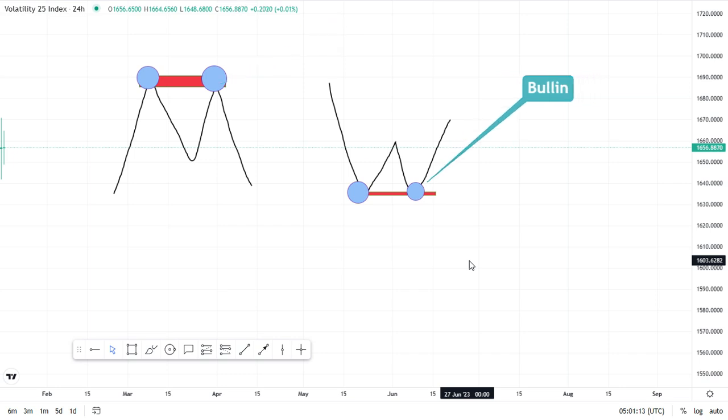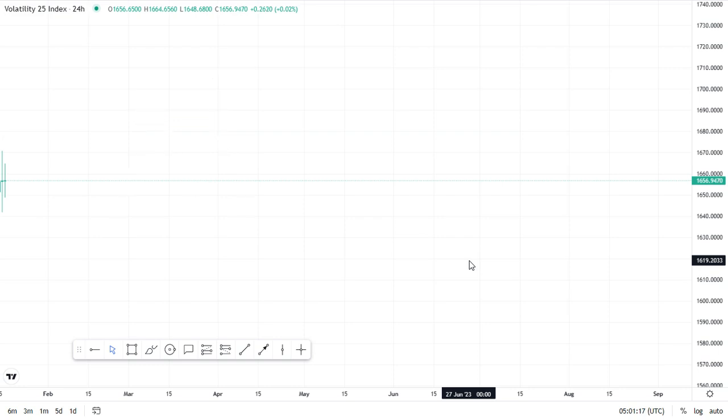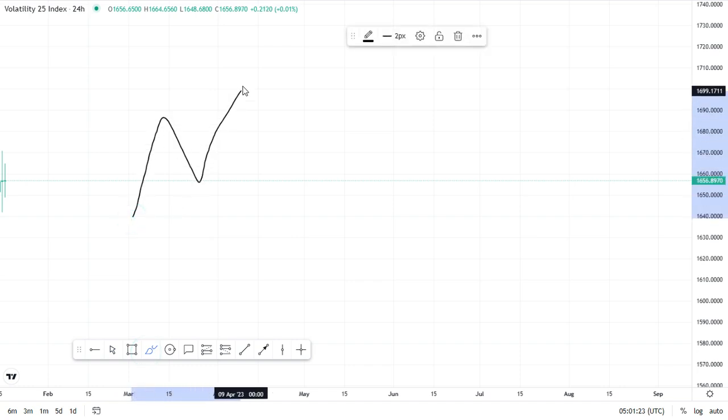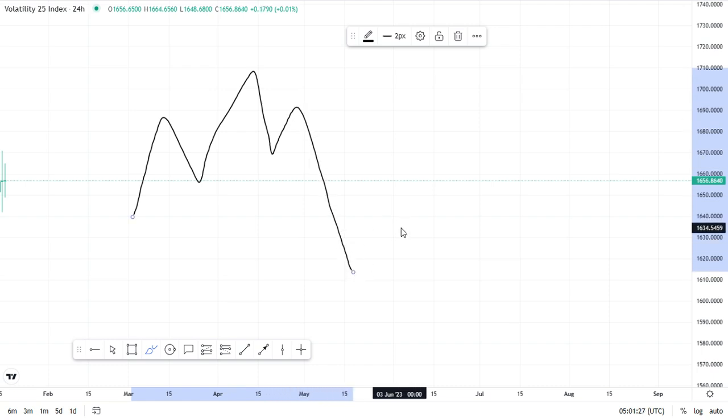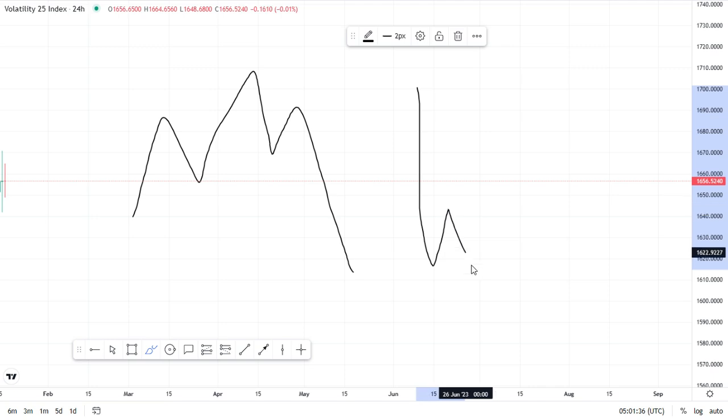Okay, so the next pattern we are going to be learning is the head and shoulders pattern. So we have the head and shoulders and the inverse head and shoulders pattern.